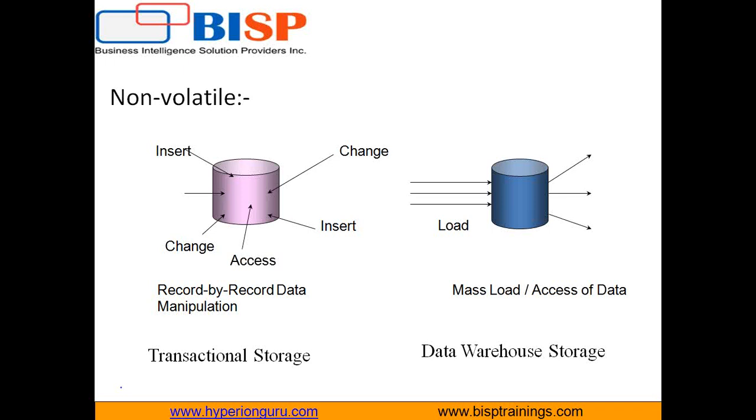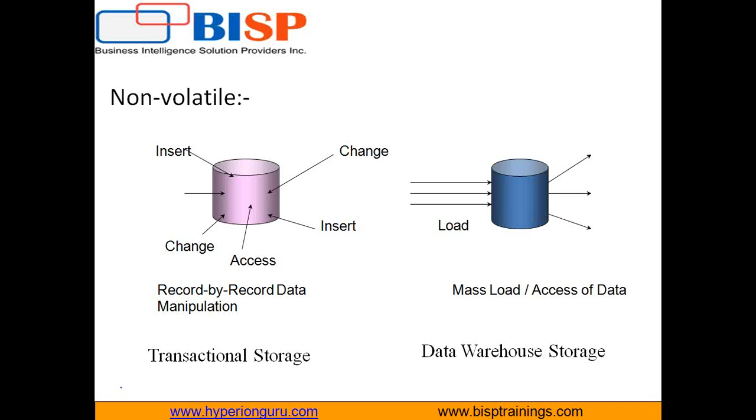There may be a flag or some attributes to identify that yes, this is the data which is present recently, and this is the data which is deleted. That means there will be a soft deletion process. There will be no hard deletion in data warehouse. That's why it is called non-volatile.